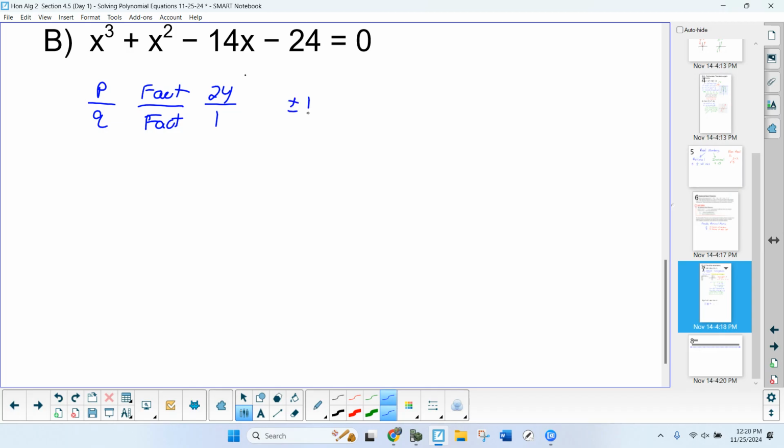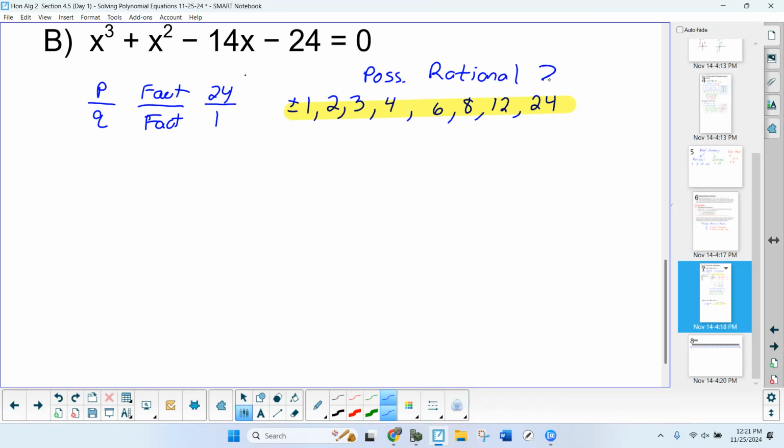I'm just going to put plus or minus out front. 1 and 24, 2 and 12, 3 and 8, 4 and 6. So this list here is my possible rational, that means can be made into a fraction, zeros.